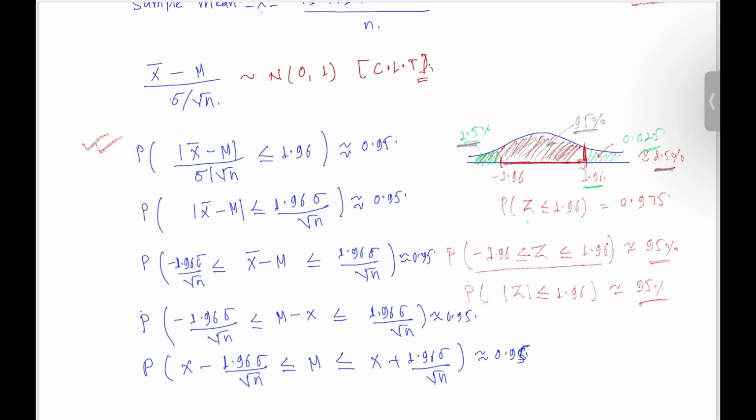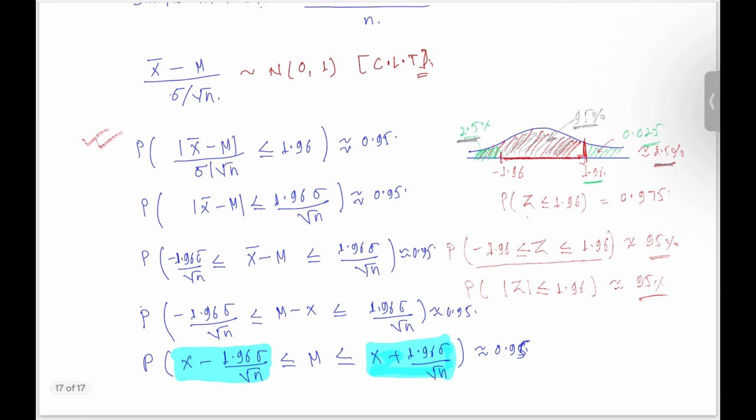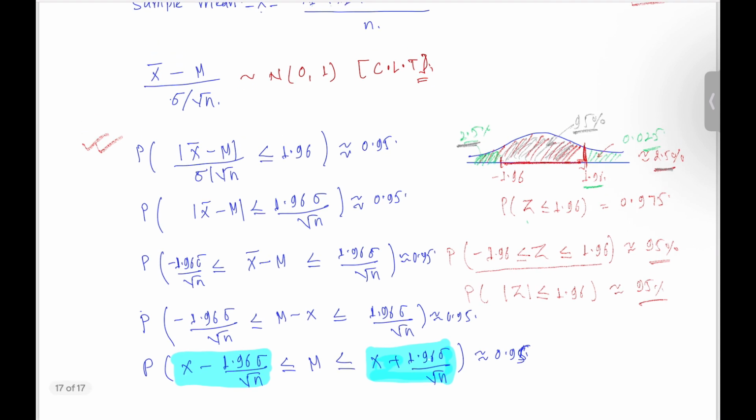So now if you look at, we have here the upper bound of this mu or the sample mean or the interval that we were trying to find, right? This will be the lower bound, and this will be the upper bound, right? So this will be x bar minus, and this will be x bar plus, right?